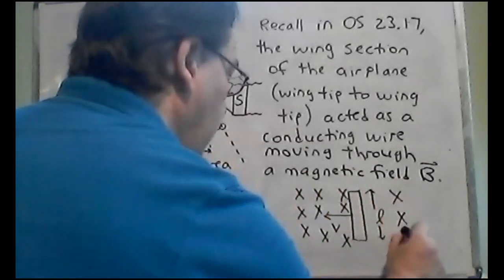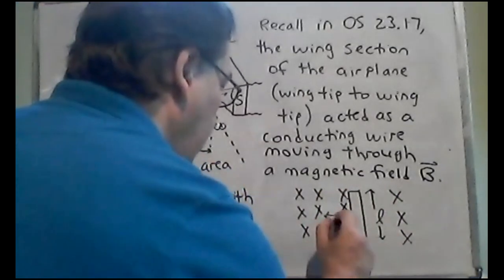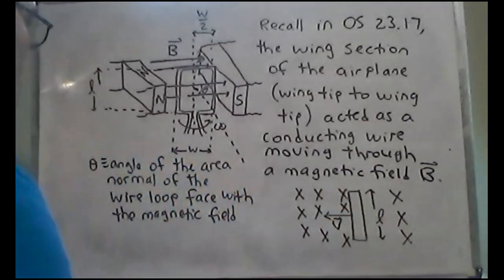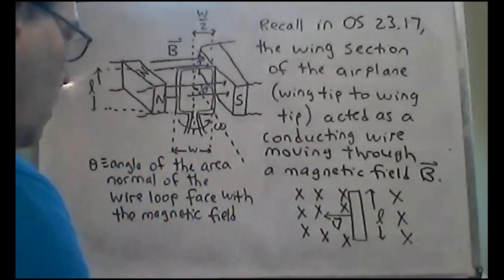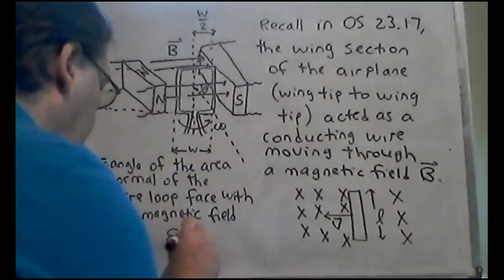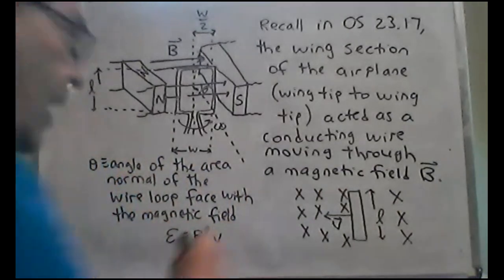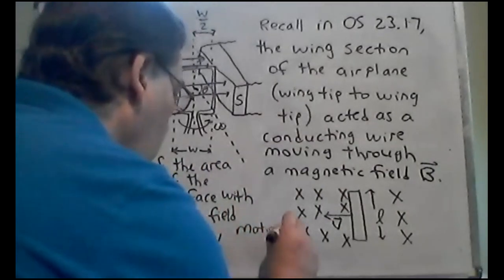Kind of imagine it's going into the board. So this is my velocity V particularly. And I said that, yes, there is what we call a motional EMF. So I basically have this EMF epsilon given by BLV. And I call that a motional EMF.